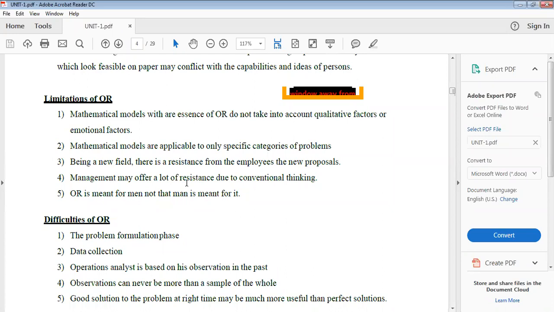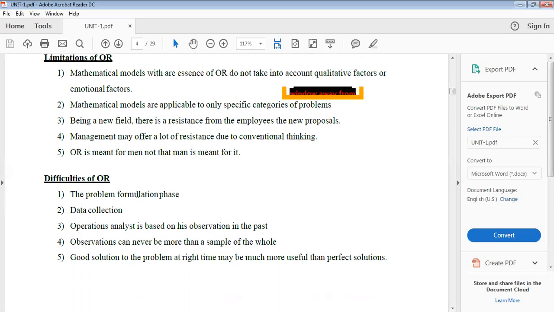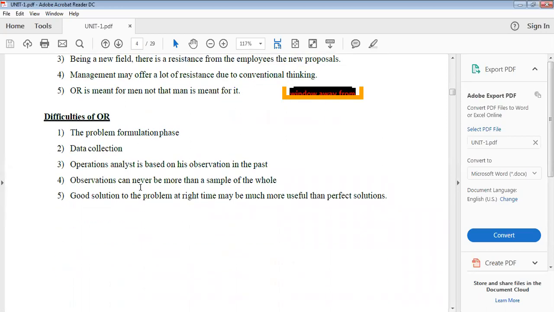Next, management offers a lot of resistance due to conventional thinking, because it is a mathematical modeling, offering optimum solutions for the problems existing in the particular system. OR is meant for men working in the particular factory.